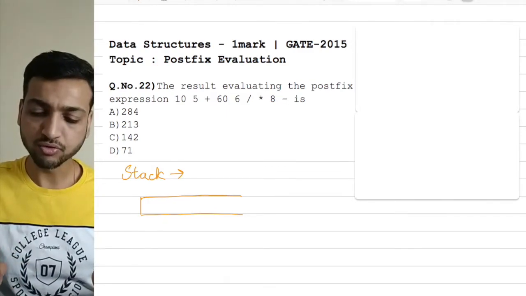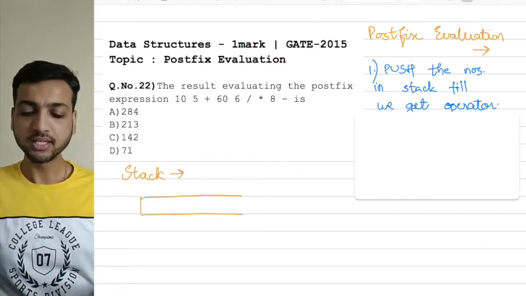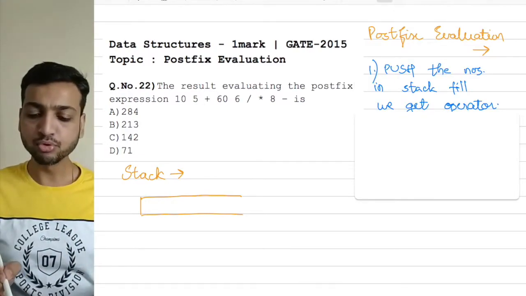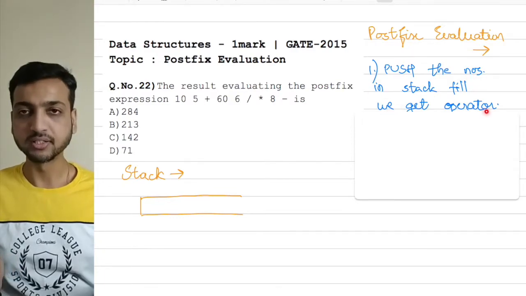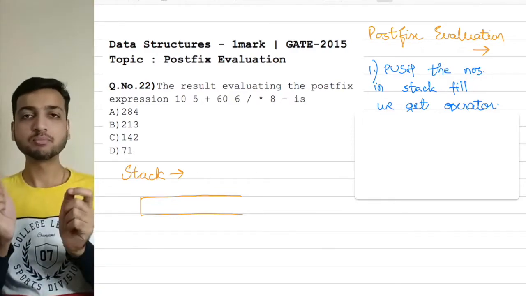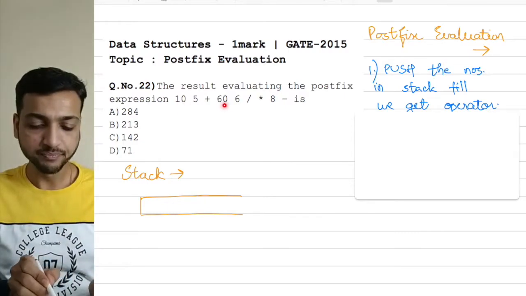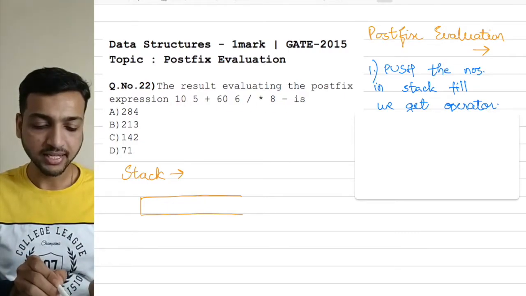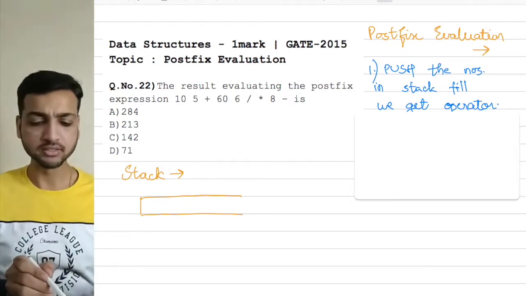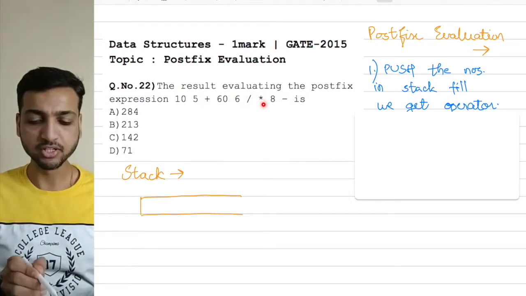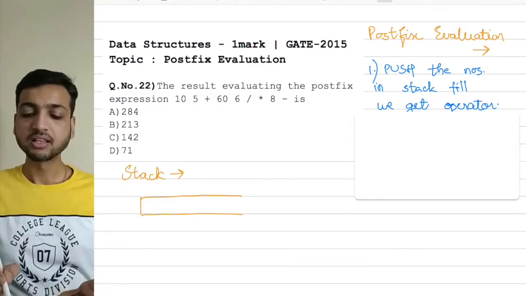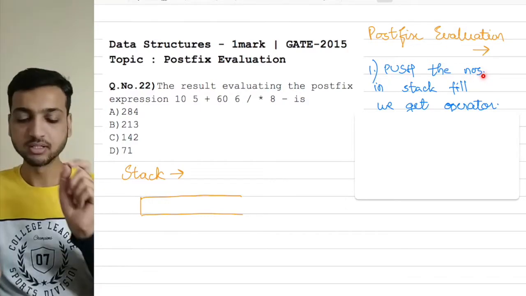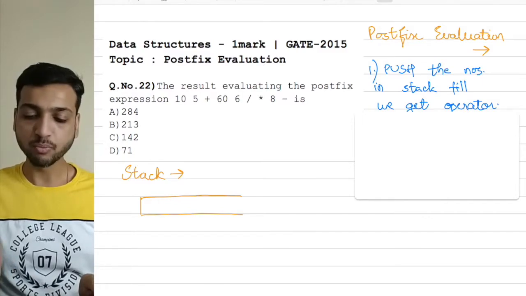So here I have noted down a few steps. Step number 1 is you have to push the number in the stack till we get an operator. So whenever we are going to evaluate a postfix expression, as you can see this one, we are either going to get a number like 10, 5, or we are going to get an operator like a plus, division, or a multiplication. So the algorithm says, this is the postfix evaluation algorithm, that you push the number in the stack till we get an operator.